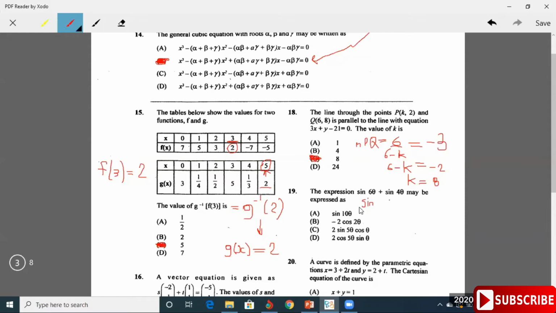It's equal to twice the sine of half the sum, (A plus B) over 2, which is 6 theta plus 4 theta, which is 10 theta divided by 2, times the cosine of 6 theta minus 4 theta, which is 2 theta divided by 2.